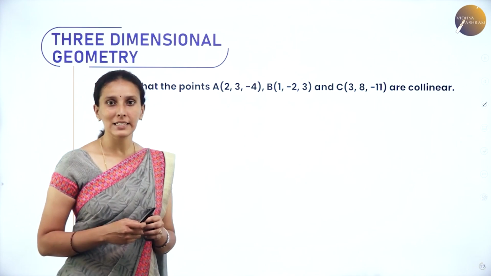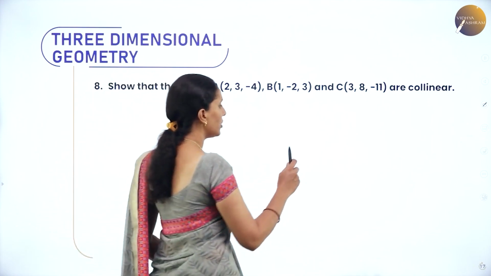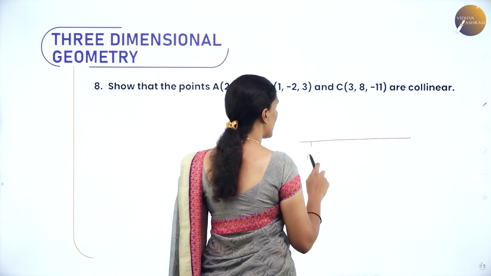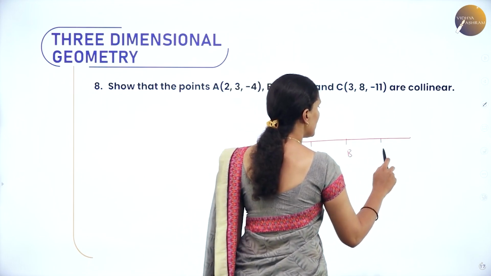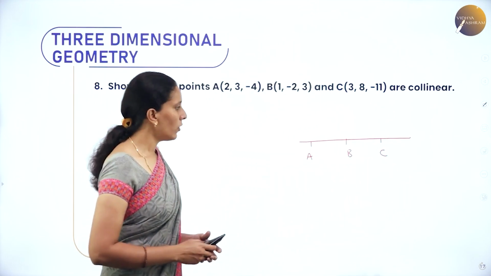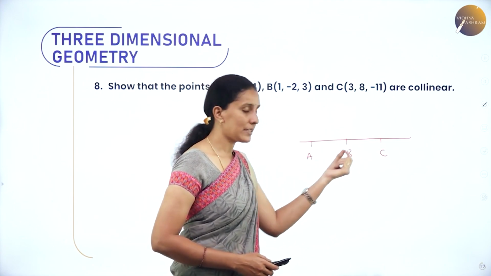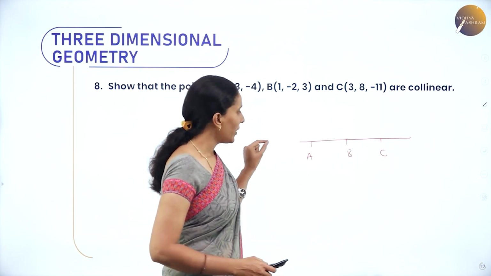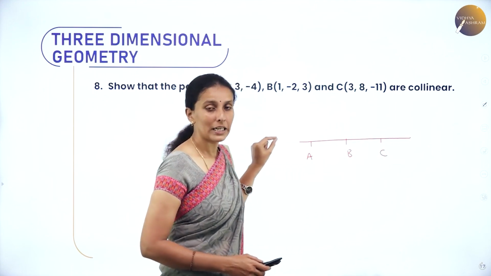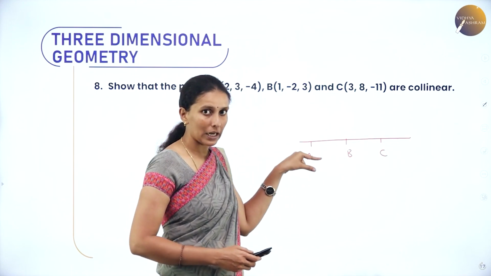Next, show that the points A 2, 3, minus 4, B 1, minus 2, 3 and C 3, 8, minus 11 are collinear. Now we need to show that all the 3 points A, B, C are on one line. Here the line is divided into 2 parts, AB and BC, and we know that we can have an infinite number of direction ratios for a particular line.